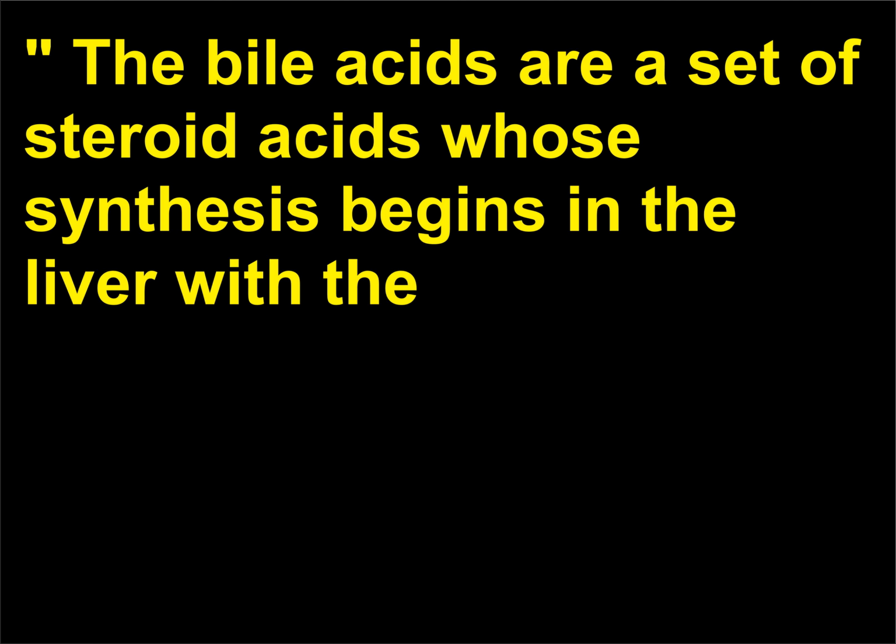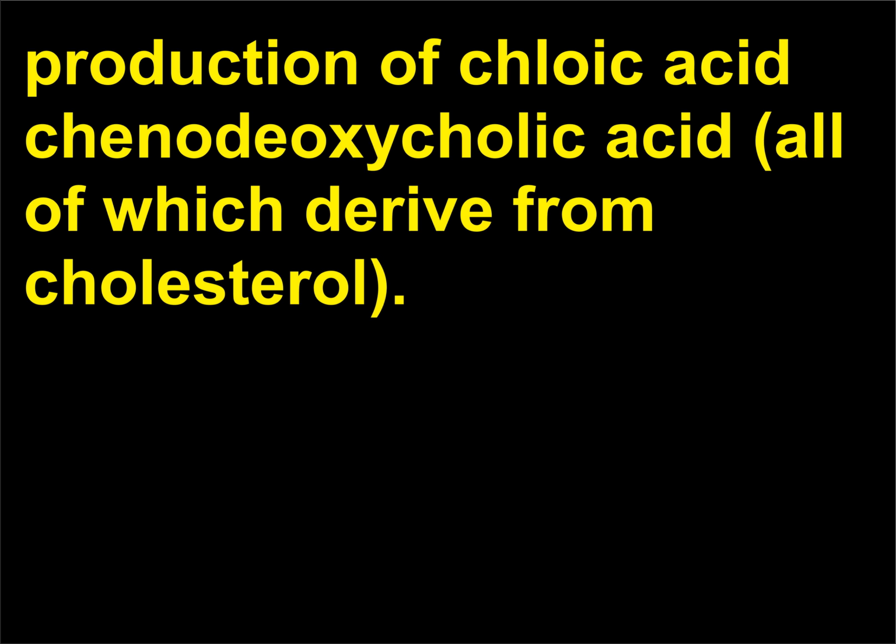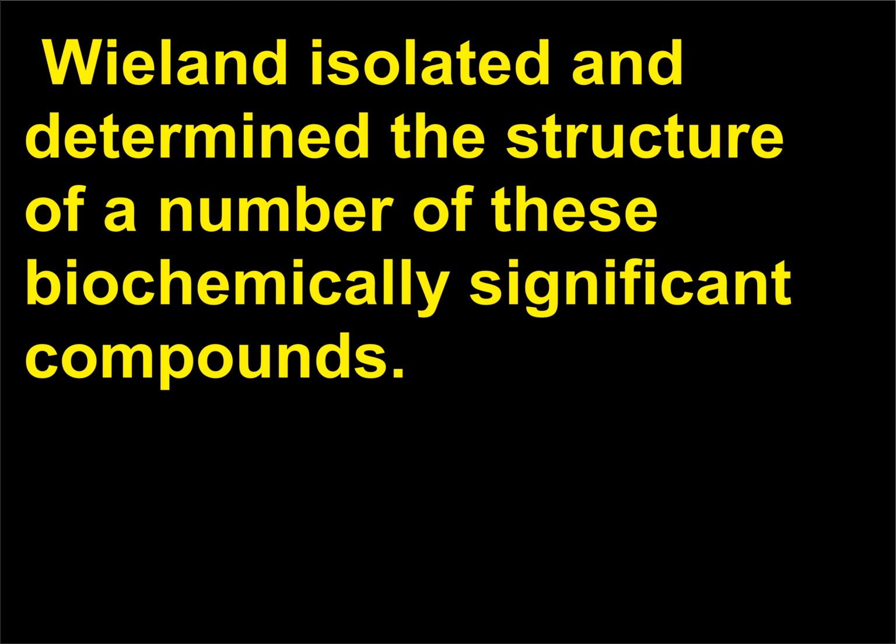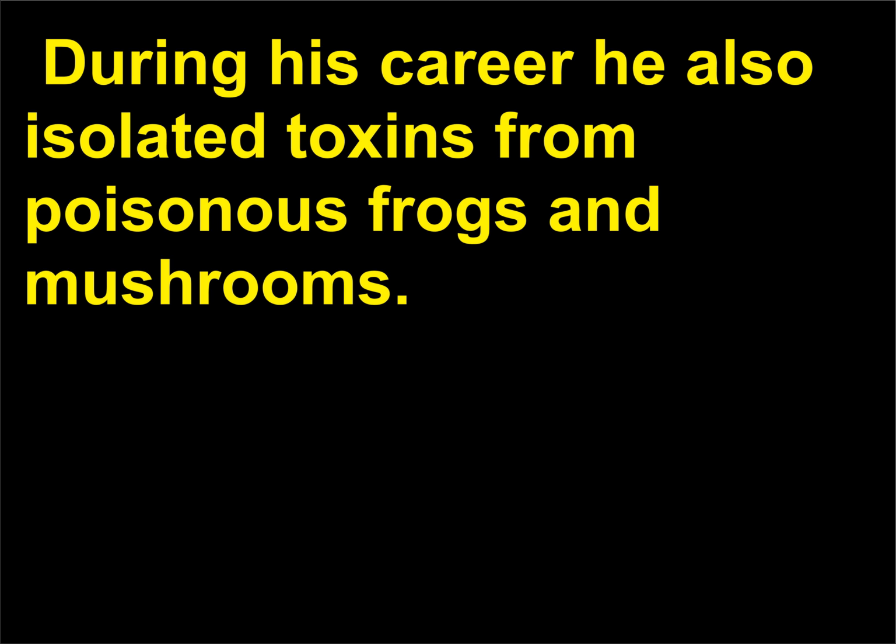The bile acids are a set of steroid acids whose synthesis begins in the liver with the production of cholic acid and chenodeoxycholic acid, all of which derive from cholesterol. Wieland isolated and determined the structure of a number of these biochemically significant compounds. During his career he also isolated toxins from poisonous frogs and mushrooms.